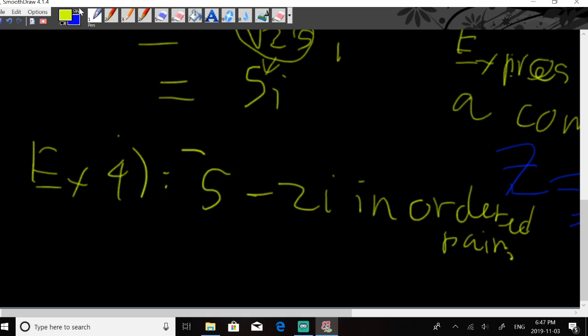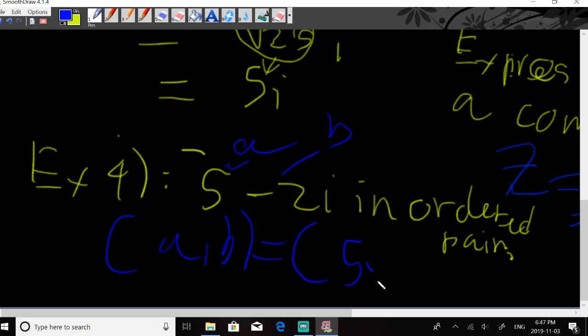The step you're going to do is to notice 5 is a and negative 2 is b. So just plug in (a, b) equals (5, -2). That's your answer. It's going well.